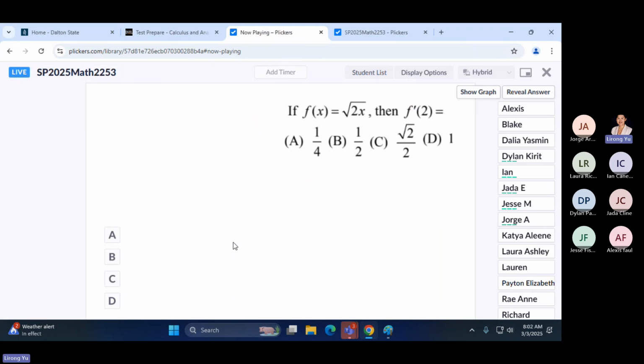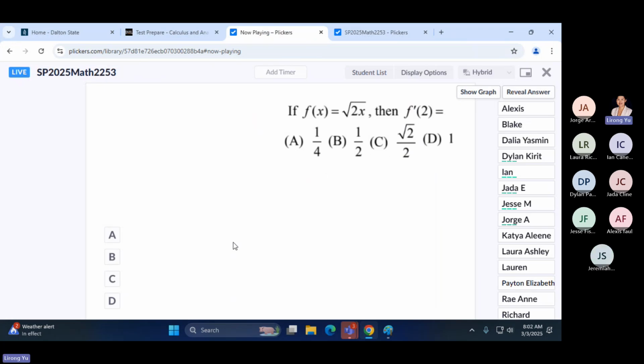All right, let's try to work out this question, and this is for today's attendance and also for participation. This is one of the questions where the function is given and we're trying to find a derivative value. So f prime 2 is the slope of the tangent line at the point 2.